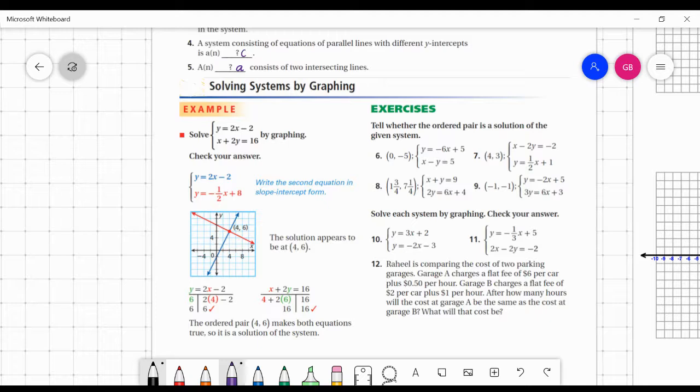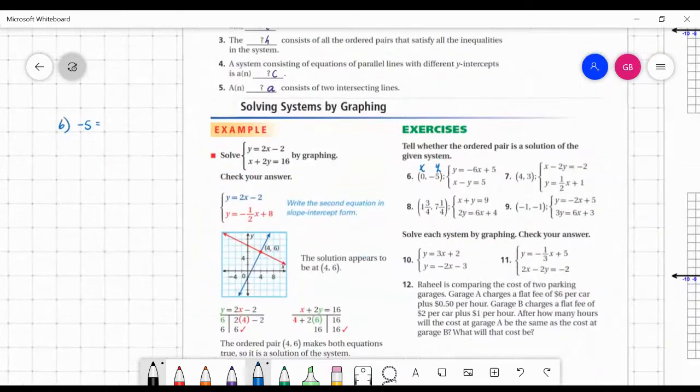So to do that, we have to plug in the numbers x, y into each one and then see if the equation is true or not. So for number six, for the first one, y is negative 5. So is that equal to negative 6 times 0 plus 5?